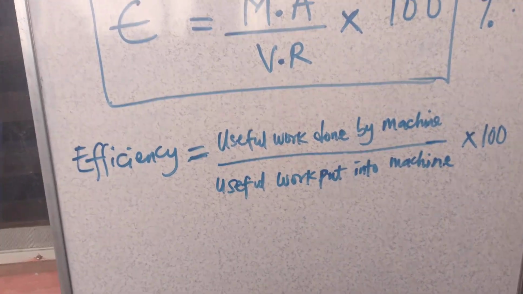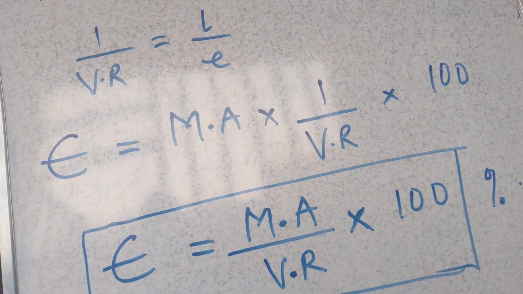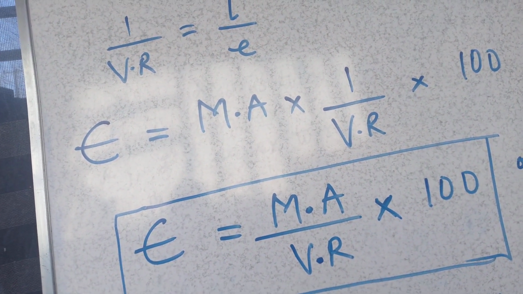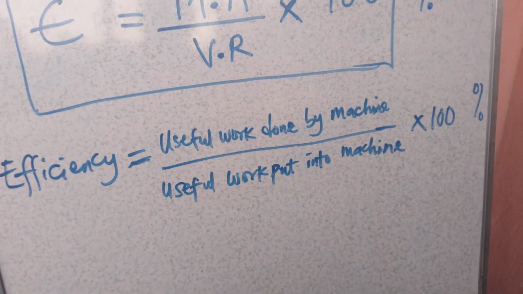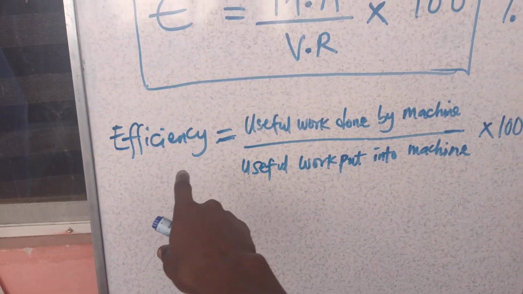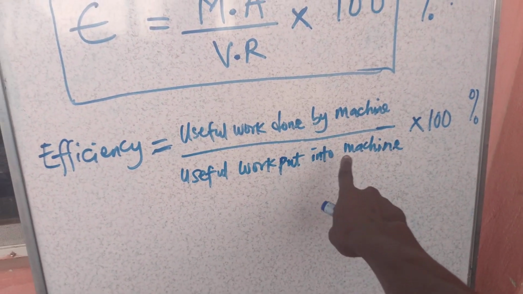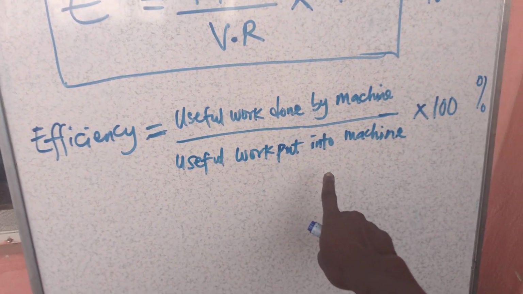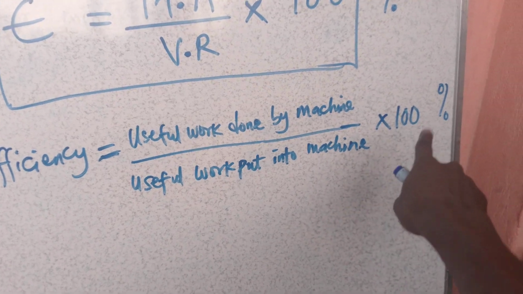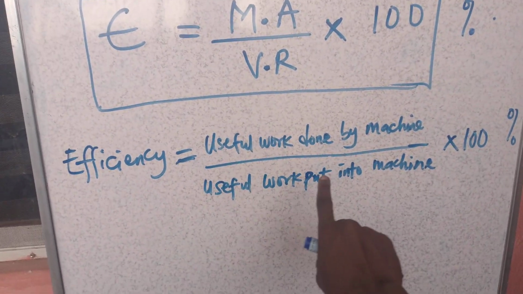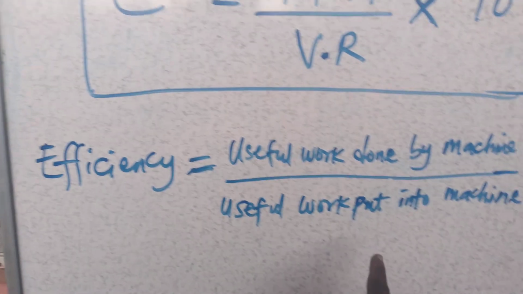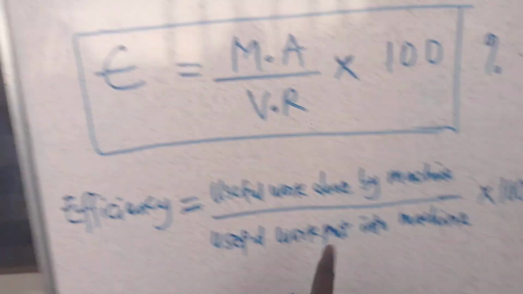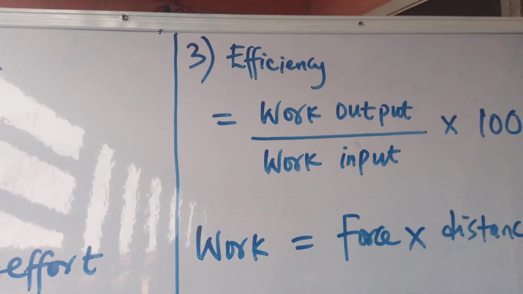So it is the useful work done by the machine divided by the useful work put into the machine times 100. Now this useful work done by machine is similar to the work output, and the useful work put into machine is similar to the work input.